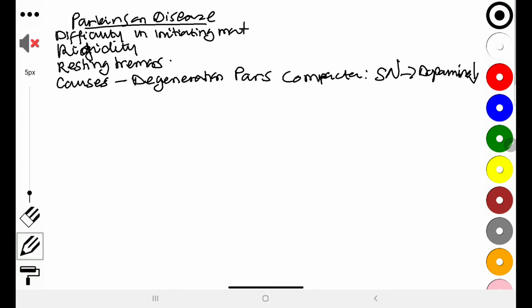So what we're going to do is we're simply going to look at what's the effect of low dopamine in the direct pathway and what's the effect of low dopamine in the indirect pathway. So by now, you will know that what I'm going to discuss is really what I was discussing in the first video that did not have dopamine, but we're still going to do that.